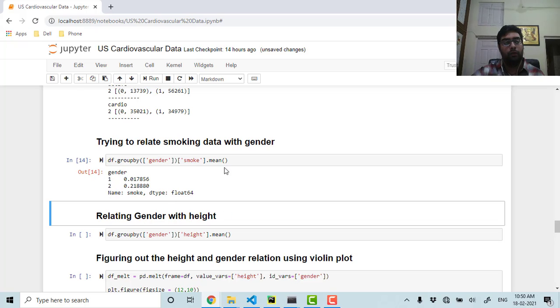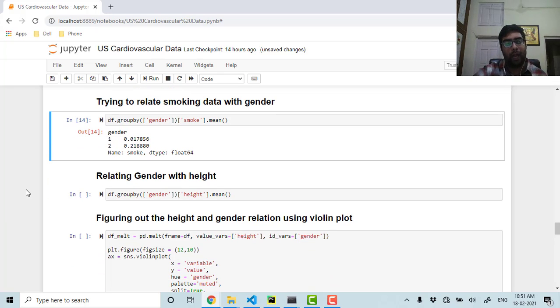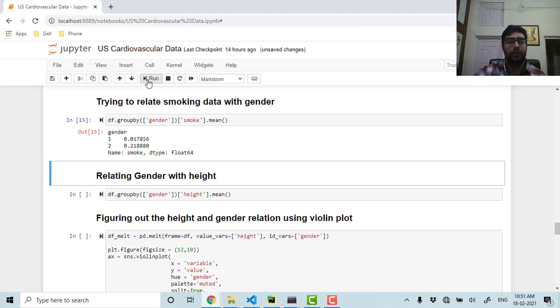By filtering the gender with the smoking feature, I figured out that only 1% of gender 1 and 21% of gender 2 are smoking. So I'm not concluding over here that 2 is male and 1 is female, but we can draw some insights over here. Let's not jump to the conclusion. Let's analyze more whether our intuition is correct or not, whether 1 is female and 2 is male or not.